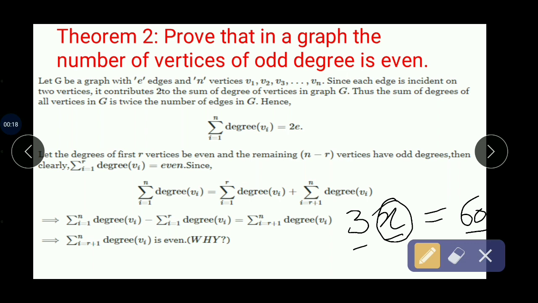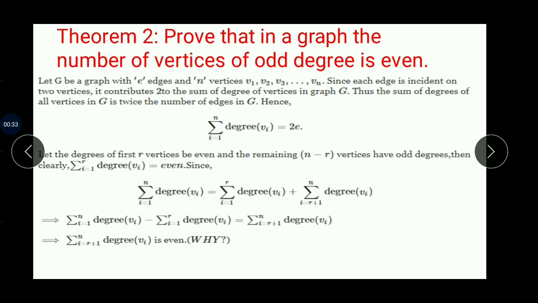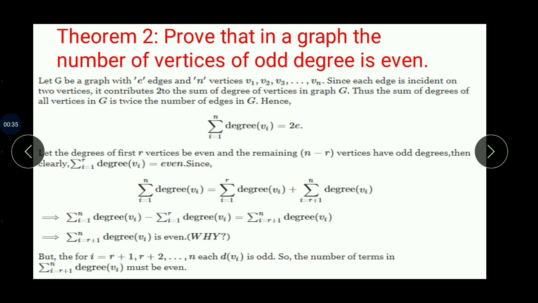When I solve this, x must be even. So the number of terms here should be even. So the total number of vertices with odd degree must be even, because each Di is odd and the number of terms in this summation must be even.